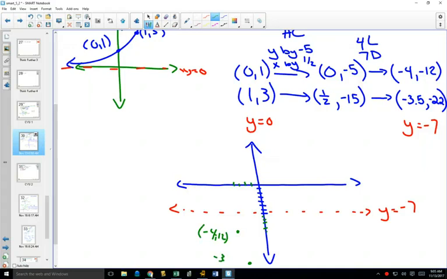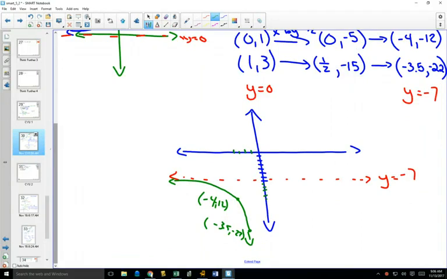So I'm going to label these. And finally, we need to show the shape of the graph. So in between here, these two are connected like this. That means it needs to swoop up towards this graph. It's going to continue down on forever. Make sure you remember your arrowheads on the end of your graphs. And we have our shape of our graph.